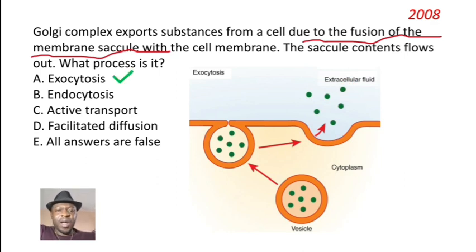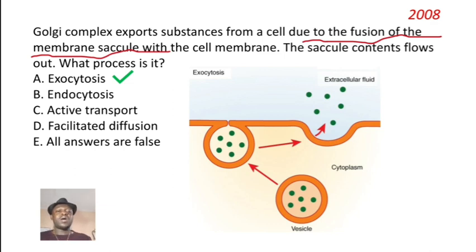Okay, let me talk about endocytosis. Endocytosis is the taking in of different molecules into the cell. It's divided into 3 parts. There is phagocytosis, that's intake of solids. Pinocytosis, that's intake of liquids, also known as cell drinking.